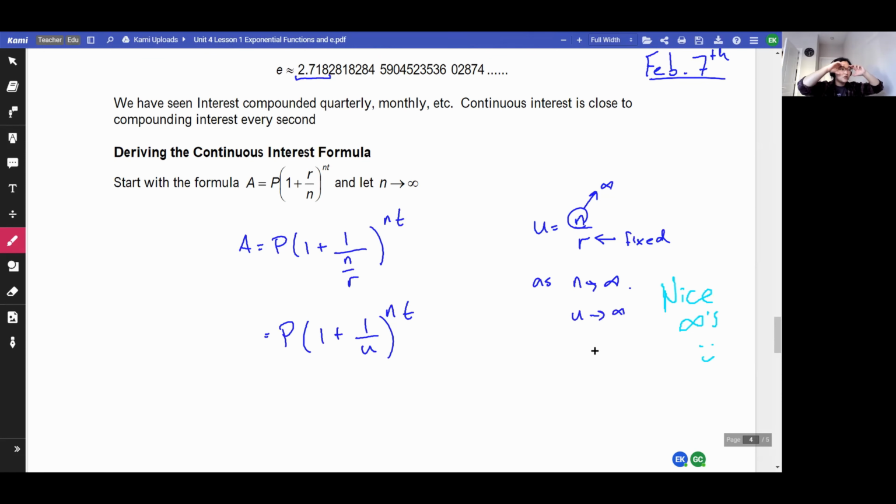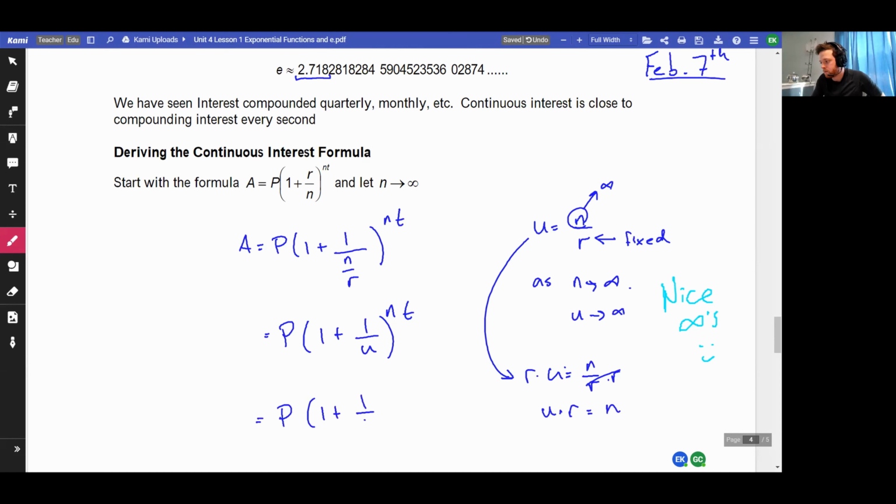So we can say that U times R equals N. You're going to multiply both sides by R. U is equal to N over R, times R on both sides. U times R is equal to N. Okay. So now we have N in terms of U and R. So just put that in for N over here.